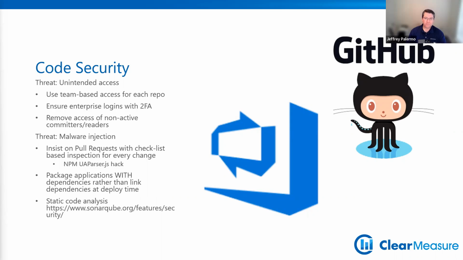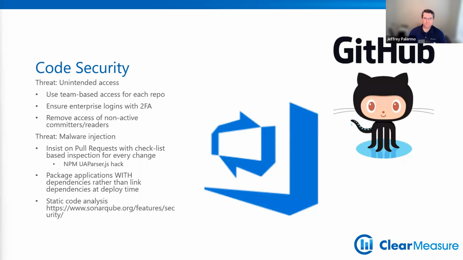And so if you use team-based access, then that record keeping is baked into it, because the ABC team will have access to these 7 Git repositories. So if they're removed from the ABC team, then instantly they get the proper repositories restricted.